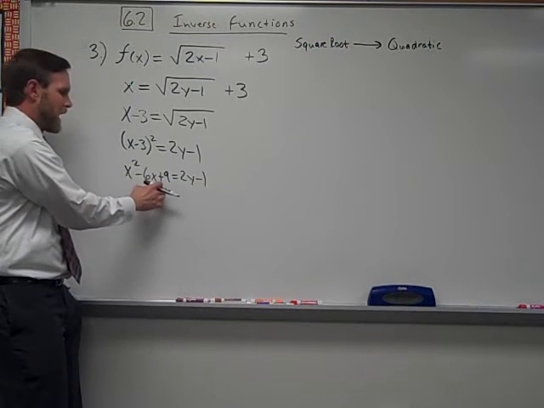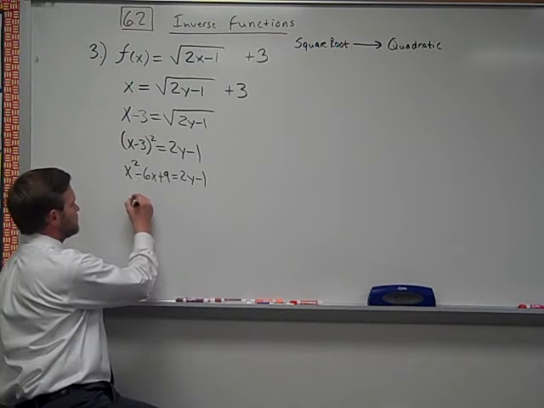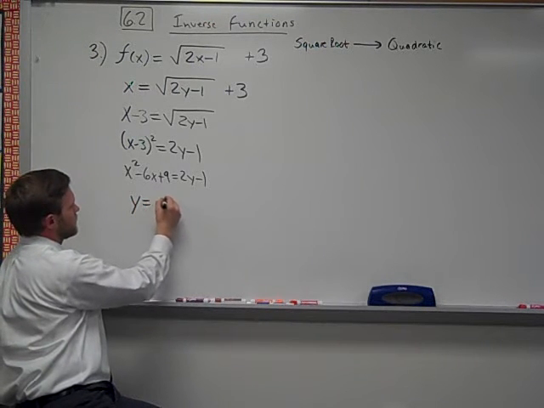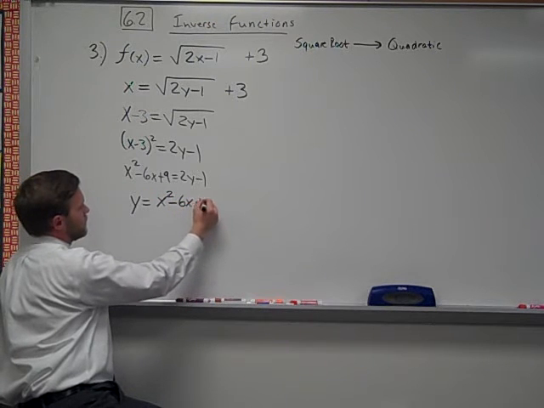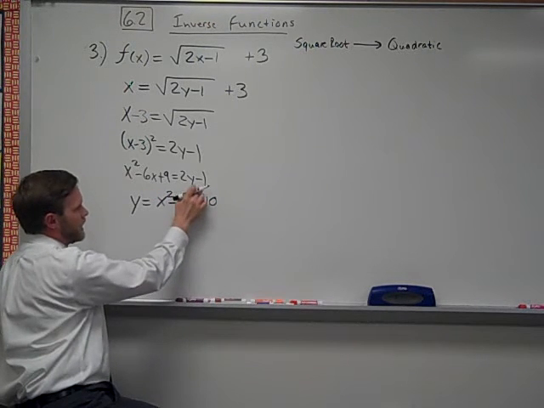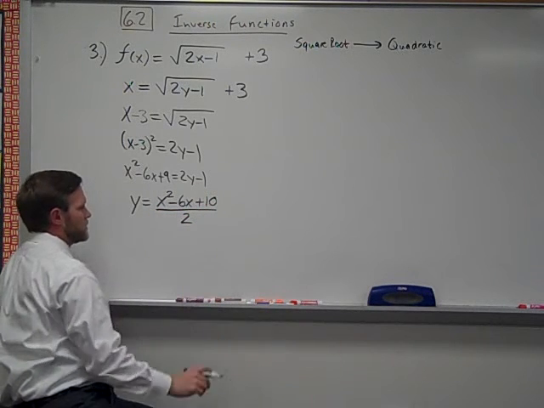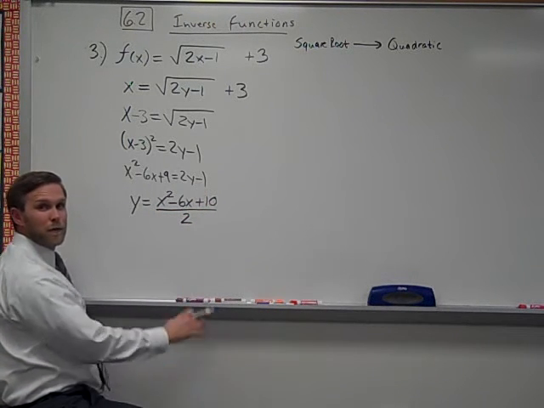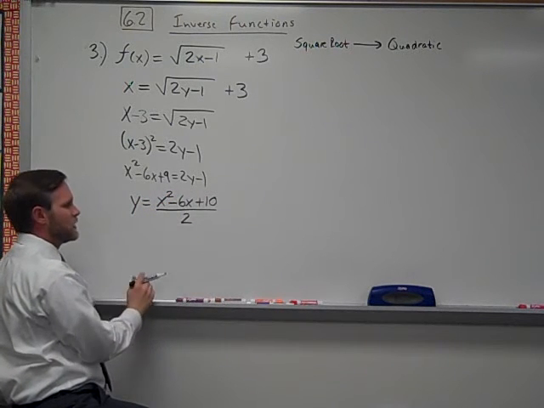Add 1 to both sides, and then divide everything by 2. So here's what it'll look like. Y equals x squared minus 6x plus 10, because I'm adding the 1 to both sides. And I'm going to divide all of that by 2. Now, if you're somebody that would feel better going through and dividing each individual number by 2, that is fine.